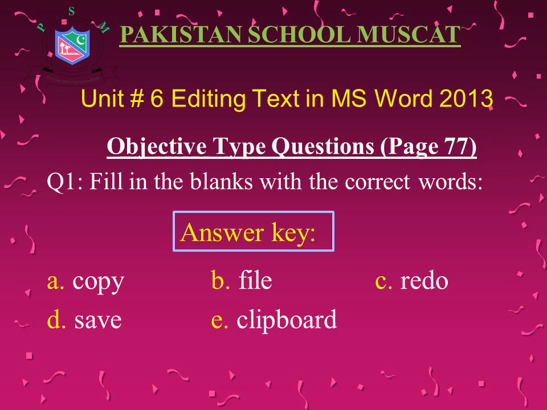Part C answer is Redo, the D part answer is Save, and the last part E answer is Clipboard. You need to match it, check it again from your book, and finish your work.